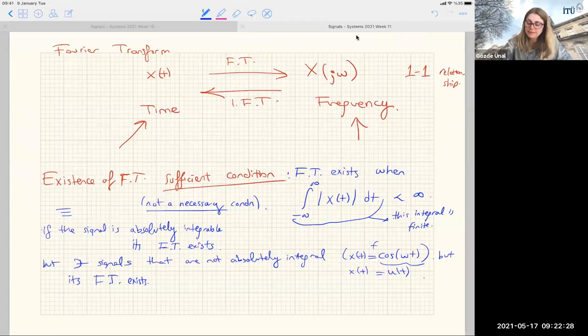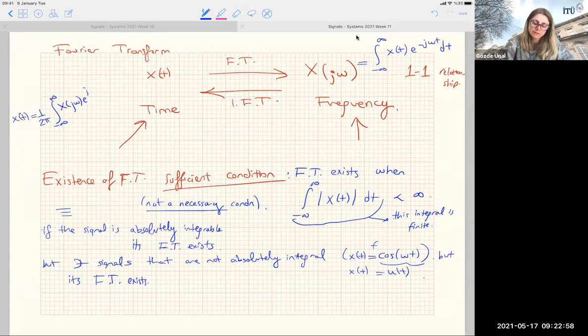So guys, now we learned the definition of the Fourier transform. Let's rewrite it here: the integral from minus infinity to infinity of x of t e to the minus j omega t dt. You see, I'm getting rid of everything about time. And the inverse one, remember, x of t is 1 over 2 pi, again, integral from minus infinity to infinity of x of j omega e to the j omega t d omega.